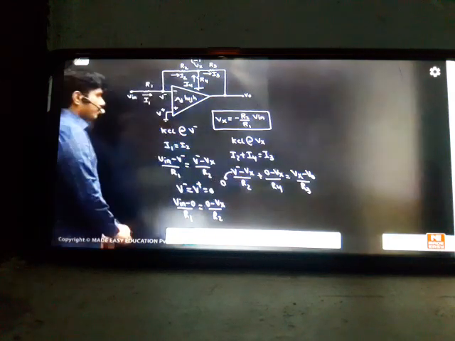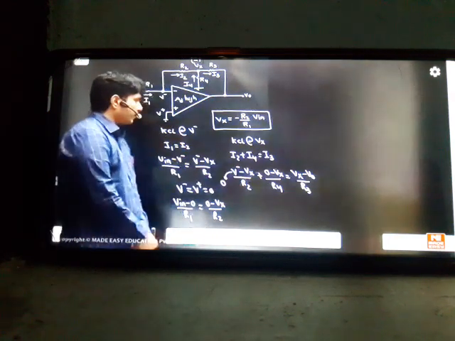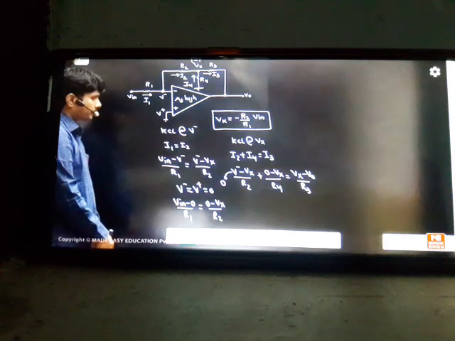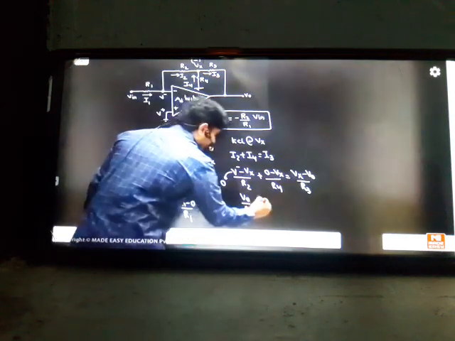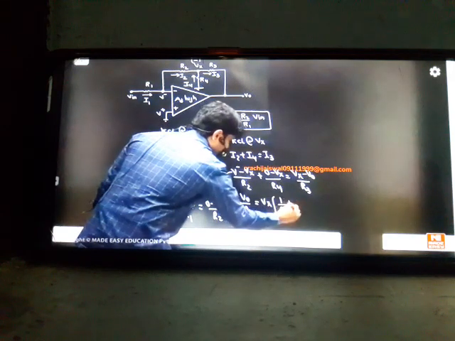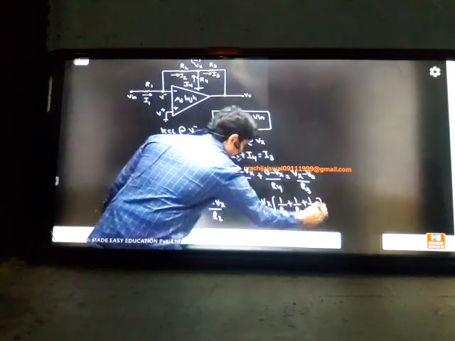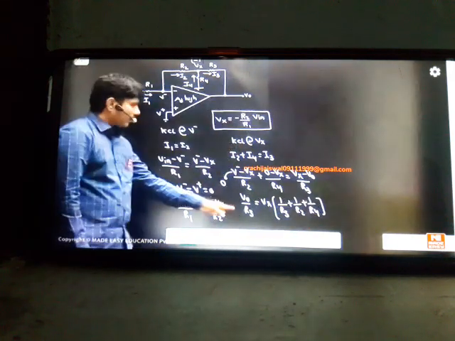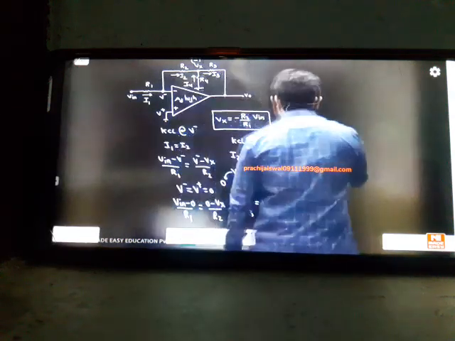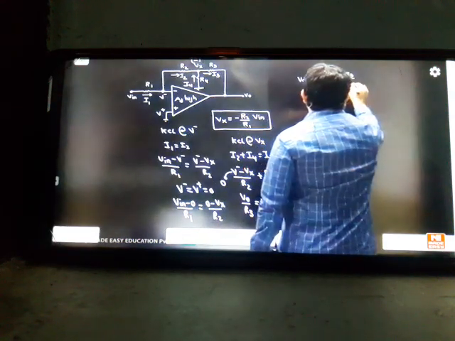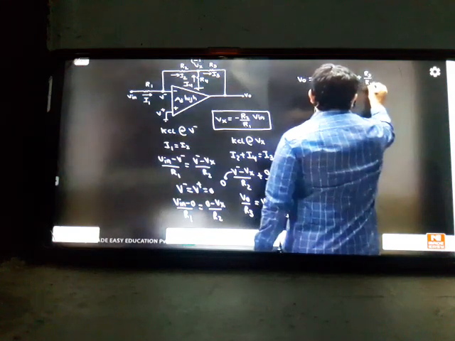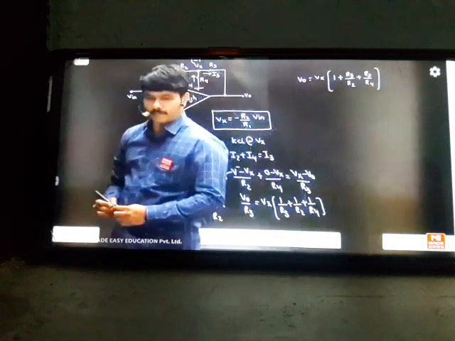You can take Vx common, and bring V0 to this side. So V0 by R3 equals Vx common into 1 by R3 plus 1 by R2 plus 1 by R4. Now taking R3 to that side, V0 is equal to Vx into 1 plus R3 by R2 plus R3 by R4. This is the expression between V0 and Vx.